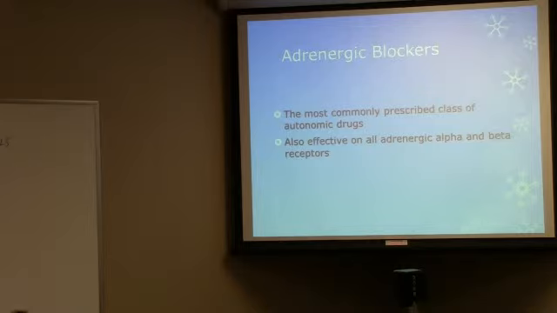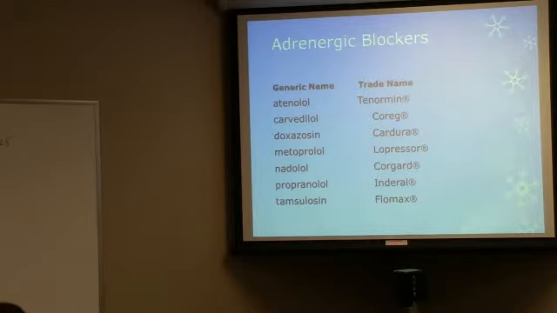Let's take a look at page 97 for a moment. See how the drug ends in OLOL? If it ends in OLOL, that means it's a beta blocker.